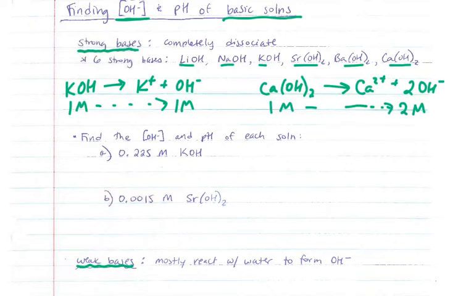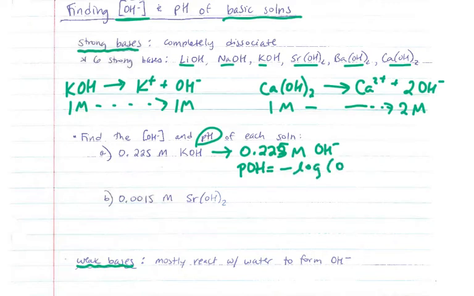So for KOH, when it dissociates, it's just going to have the same concentration of hydroxide, so it'll have 0.225 molar hydroxide ions. And it says find the pH. So I'm going to find the pOH first, which is the negative log of the hydroxide ion concentration.